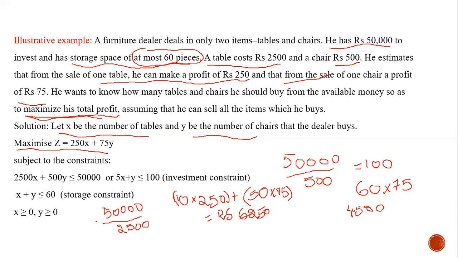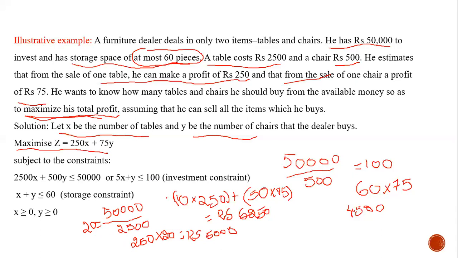So totally we get this as equal to 20. Then let us see what profit he would get. A table would give him a profit of rupees 250. By selling one table, he gets a profit of 250. So by selling 20 tables, he would get a profit of rupees 5,000.